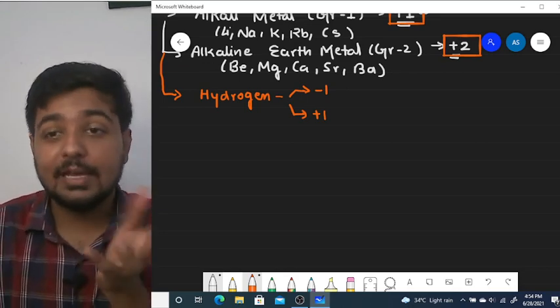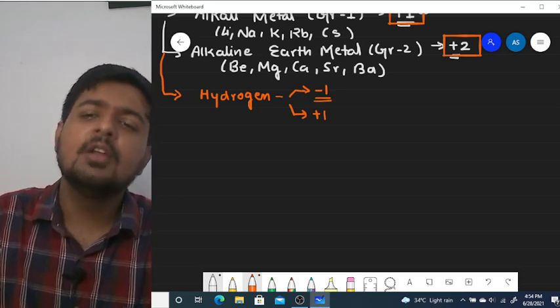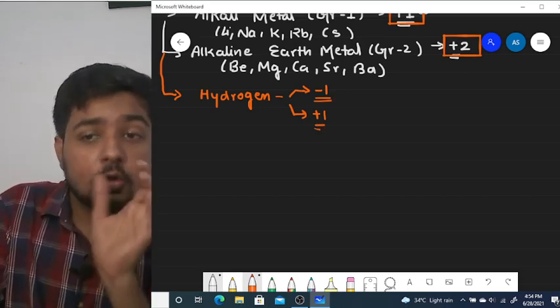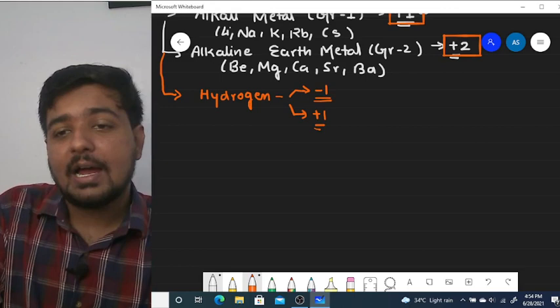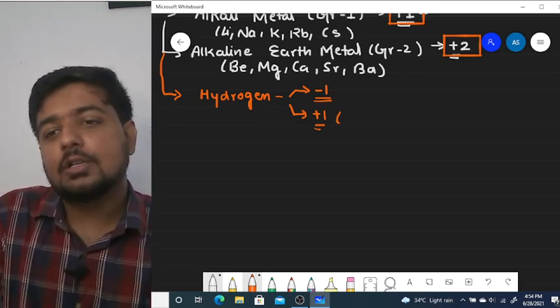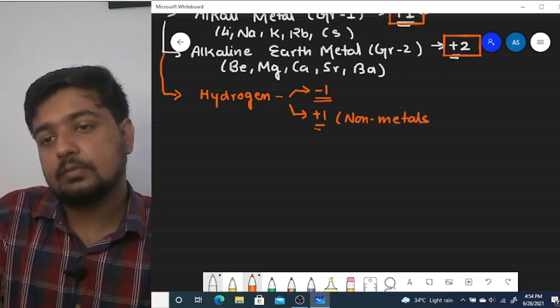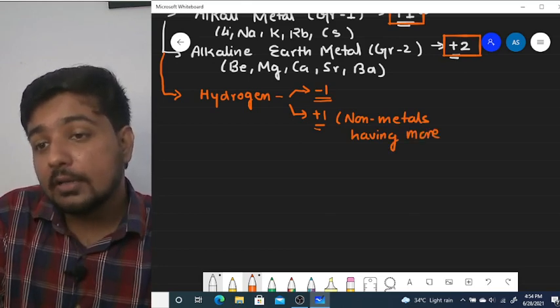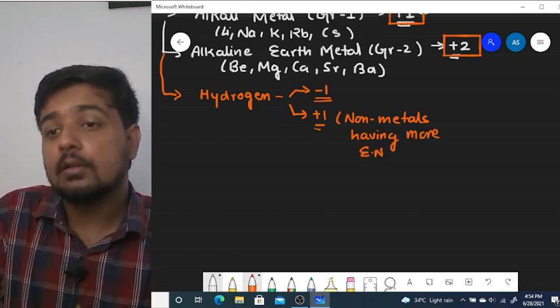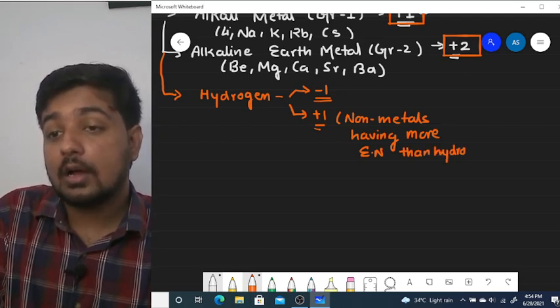But when they are connected, hydrogen might have -1 oxidation number and might have +1. In most cases, hydrogen will have +1 oxidation number because in most cases hydrogen is connected to non-metals having more electronegativity than hydrogen.